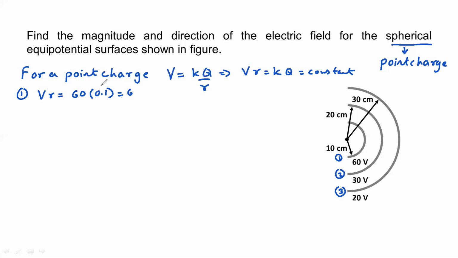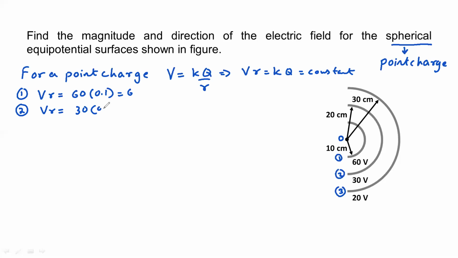Now, next for surface 2, V into R is going to be the potential is 30, and the distance from the center, let's call this point O. Point O is the center of these spheres. For equipotential surface 2, the potential is 30 and the distance is 20 centimeters.